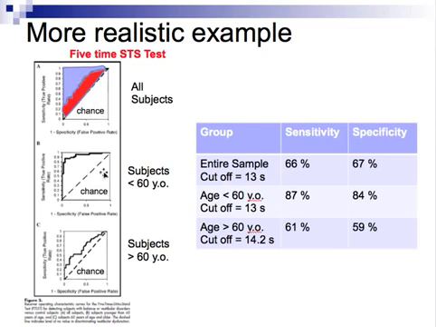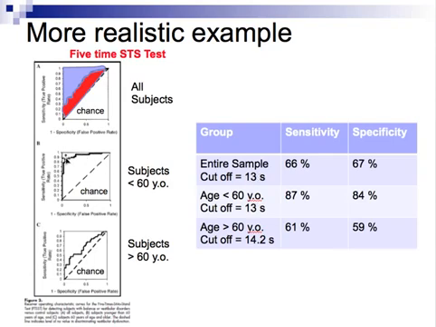But then if we look at the subgroups, people under 60 years old, well, geez, the accuracy of the 5 times sit to stand test is quite high for determining a faller and a non-faller. But for people over 60 years old, it was really not a very good predictor. We can look here and see the cutoff value of 13. Here they're looking, instead of a screening test, for an optimal test.